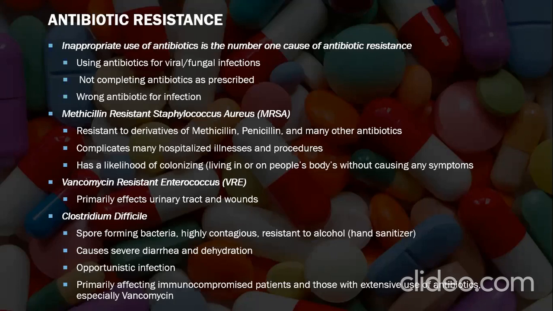So basically, we have a staph infection that is resistant to all penicillins and many other antibiotics. So when that person who's colonized with MRSA gets a cut on their skin, or they get sick and their immune system is weakened, that's when MRSA comes in and attacks. So it complicates many hospitalized illnesses and procedures.